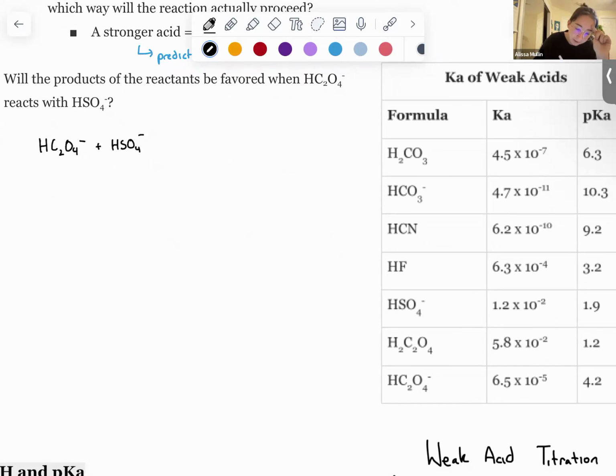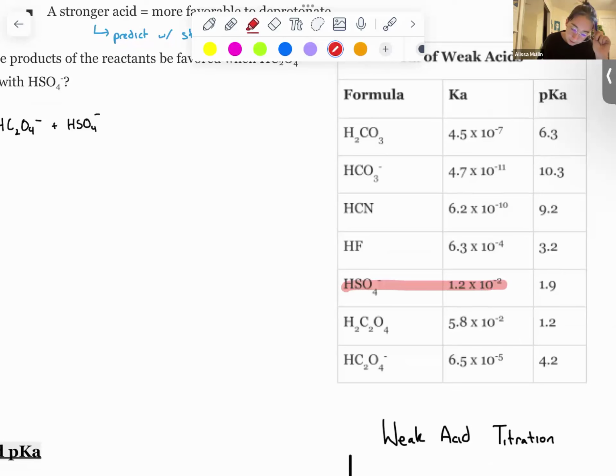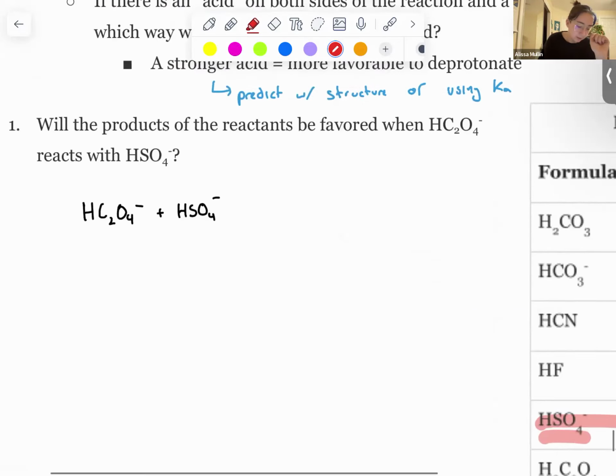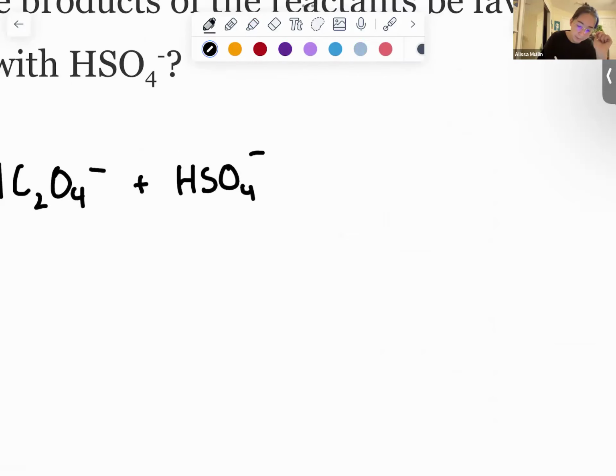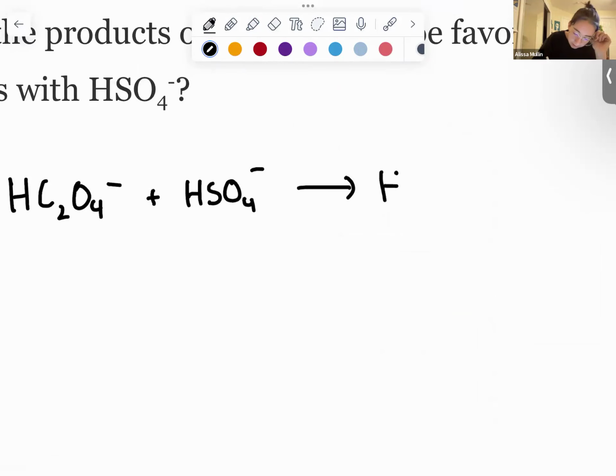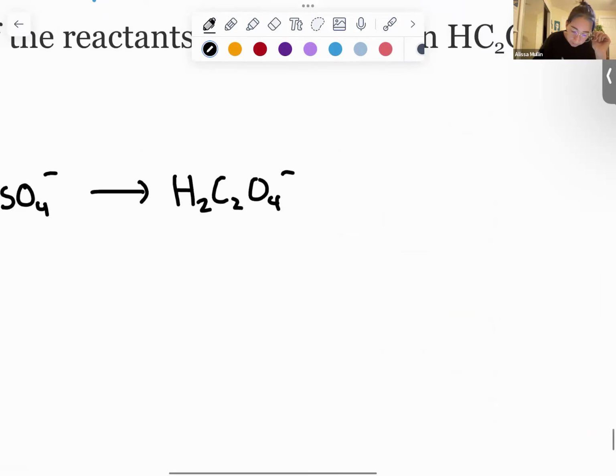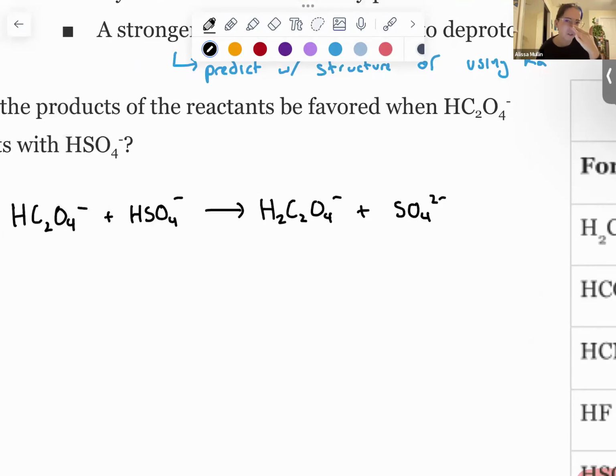So let's identify our Kas. We have this guy versus this guy. We can clearly see that on this side of the reaction, that's our stronger acid. So that's the one that's going to get to deprotonate. Okay, so that's how we could predict what the products would be.